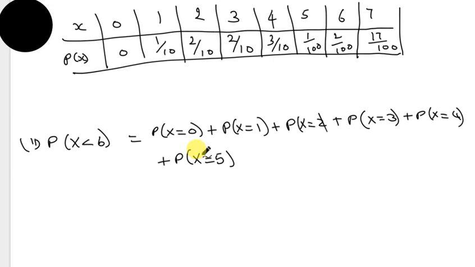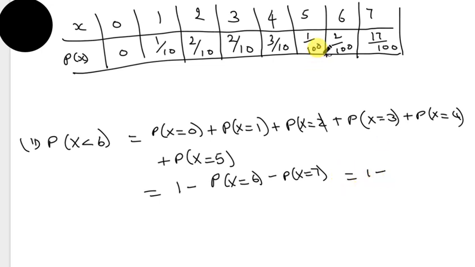So I will not include 6 in this case. When I add everything, it is nothing but 1 minus the probability of x equal to 6 minus the probability of x equal to 7. In other words, the total probability is 1 minus this complement.